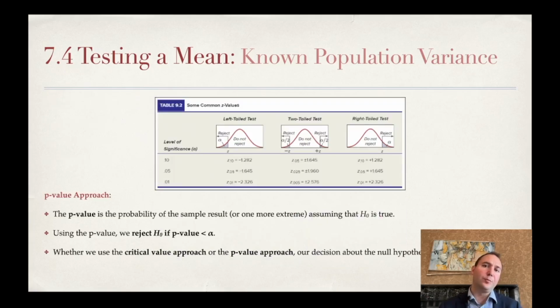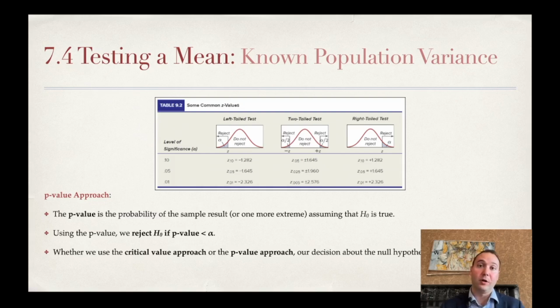The p-value approach is much more, let's say, useful and common. The p-value approach is looking at the probability rather than the critical value itself. The p-value is the probability of the sample result, assuming that H0 is true. Using the p-value, we reject the null hypothesis if the p-value is less than alpha.